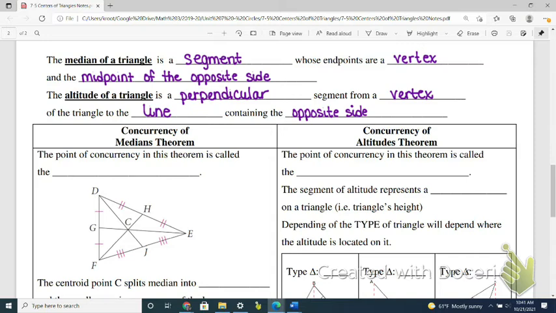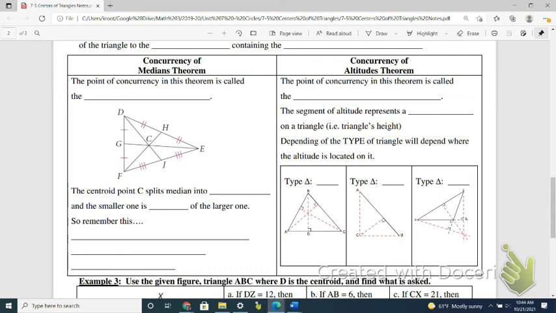So let's take a look at the two theorems that involve medians and altitudes. The first one I'm going to look at is the point of concurrency of the medians. Remember, this is where you take the midpoint and connect it to a vertex. The point of concurrency in this theorem is called the centroid.